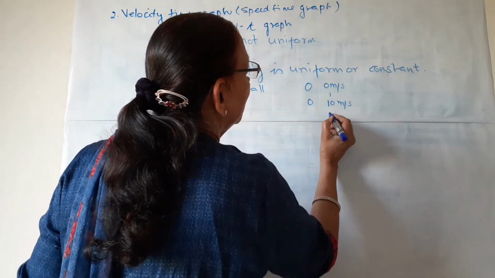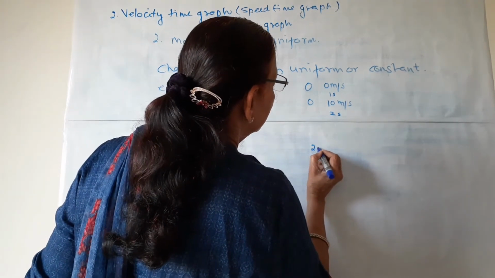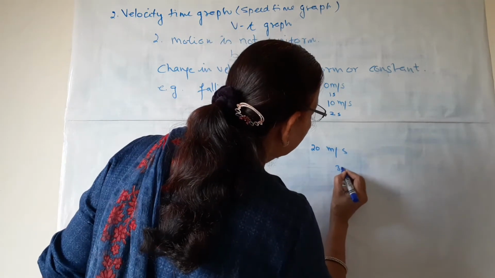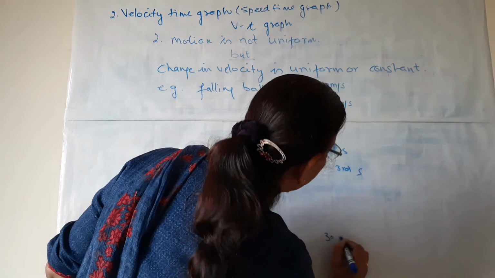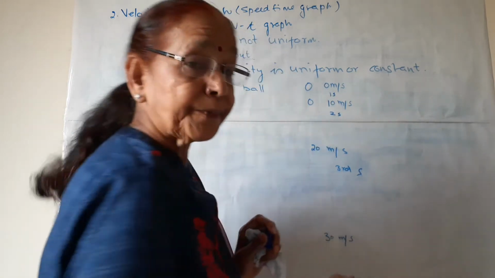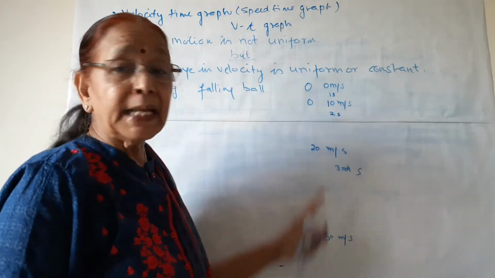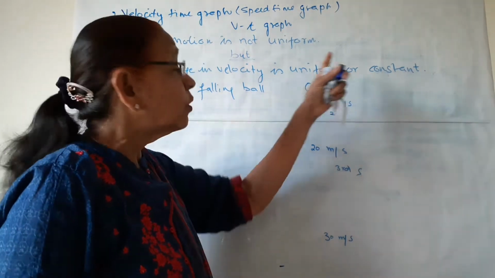After the second second, its velocity is 20 meters per second. After the third second, its velocity is now 30 meters per second. So velocity is increasing throughout with time, but the change in velocity is constant.